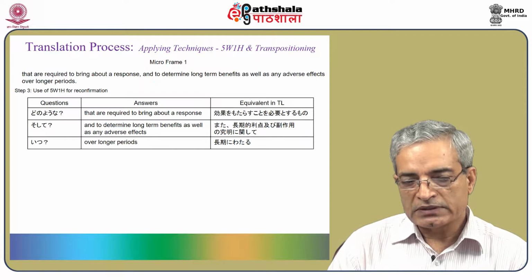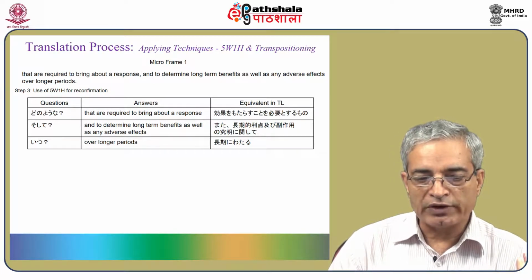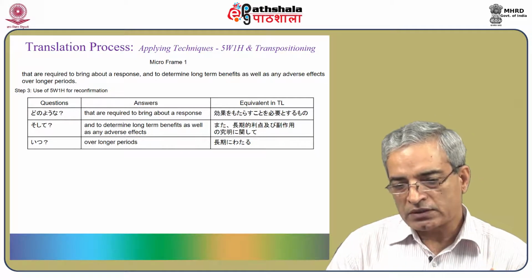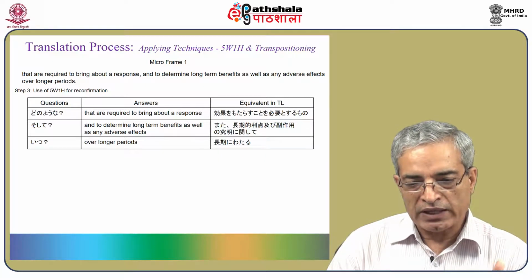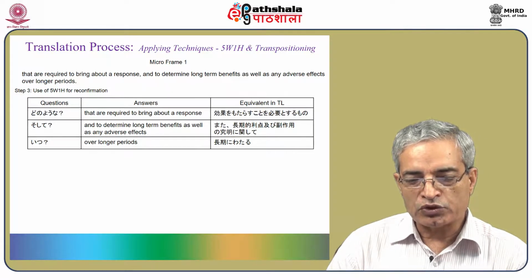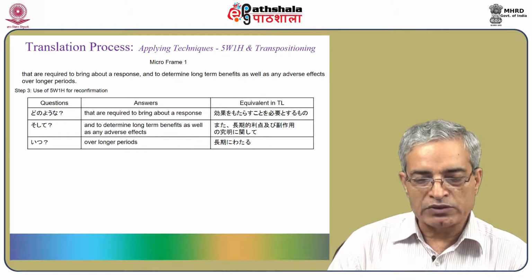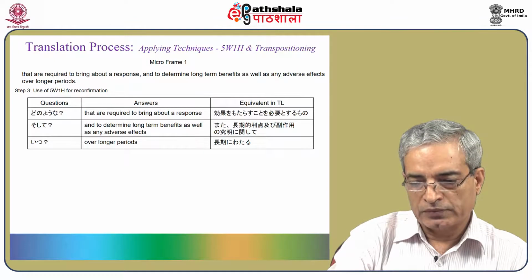The microframes are listed here, and we are trying to use the 5W1H for reconfirmation. When we put the question dono yona, the answer comes koka o motorasu koto hitsuyo to suru mono. Soshite means anything else. Mata chokiteki riten oyobi fukusayo no kyume ni kanshite. When or over what period? So itsu, over longer period, and the equivalent is choki ni wataru.